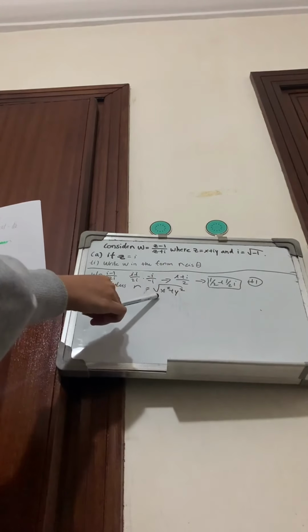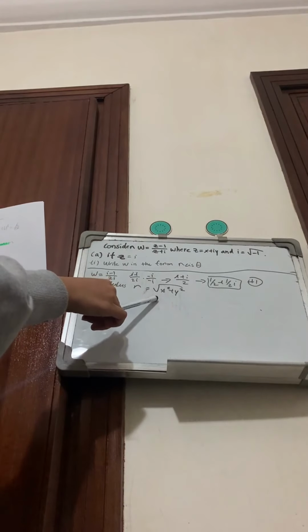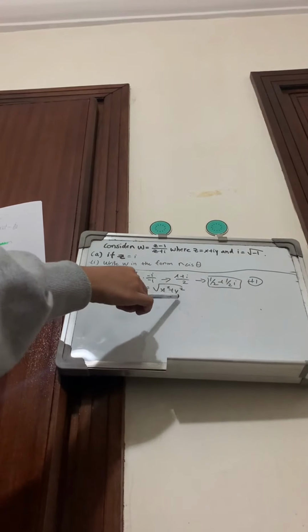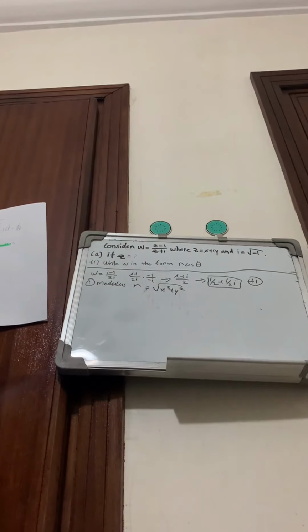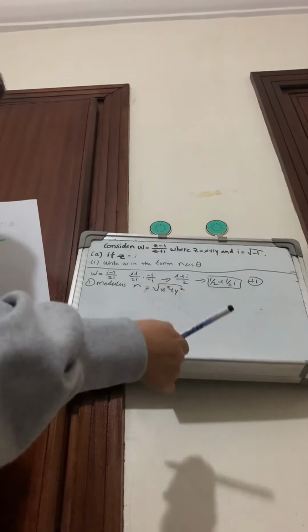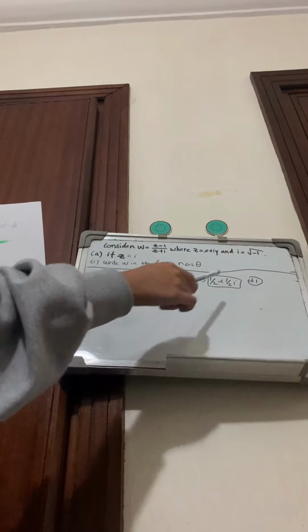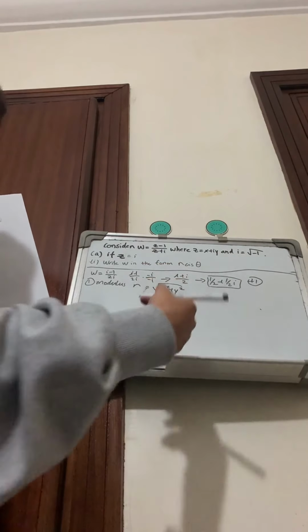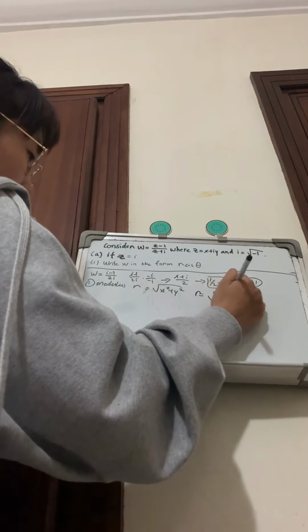Here our x represents the real value on the argand diagram. Our y is the imaginary part on the argand diagram. In this case, both our x and y are 1/2, as we can see here. So just plug everything in.